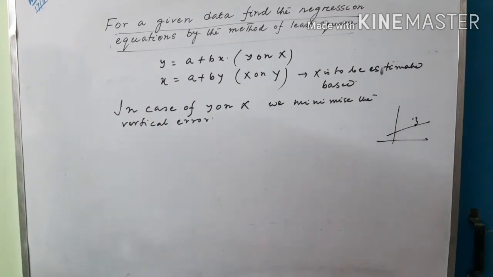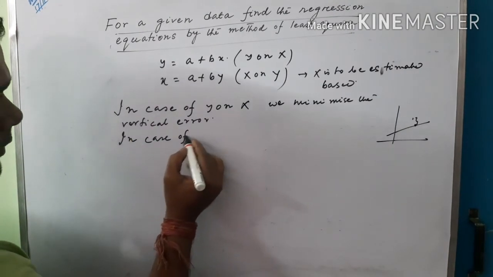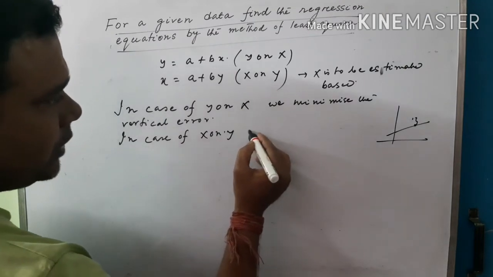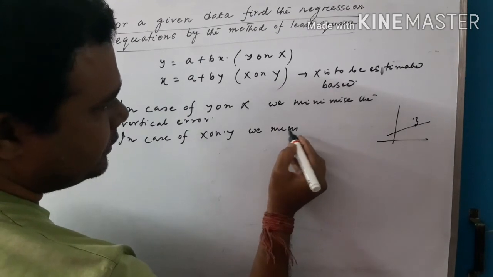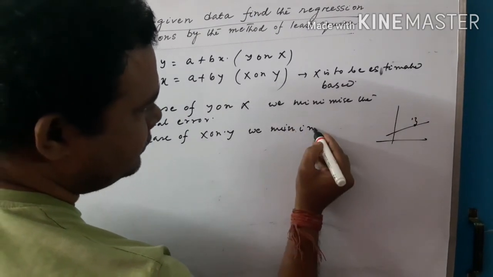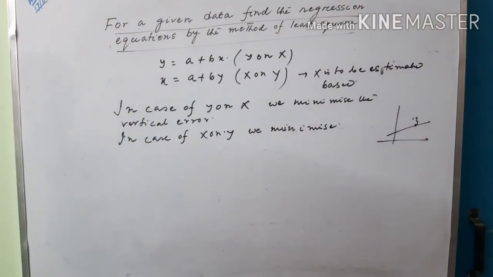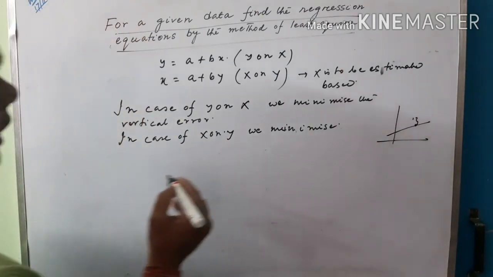And in case of x on y, we minimize the error due to the measure of x, that means the horizontal error, because x is measured horizontally.